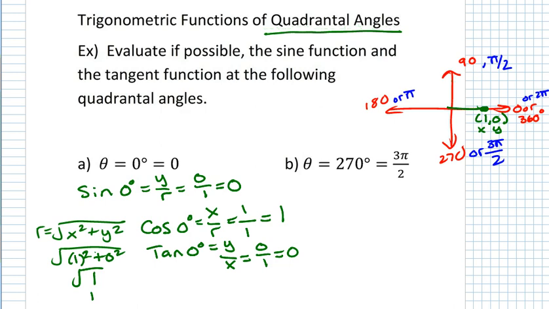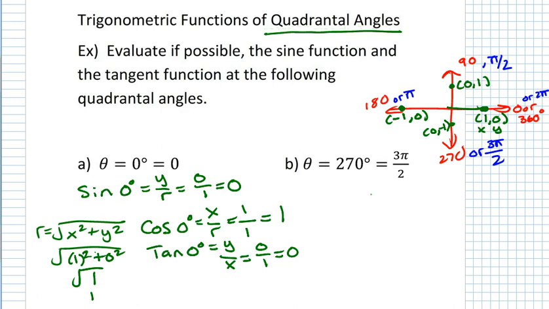And as I go along here, like here, I would use the point 0 for x, 1 for y. If I was at 180, I would use negative 1 for x, 0 for y. And if I was at 270, I'd use 0, negative 1. It's just much easier to deal with the number 1 than using 0, 5 or 0, negative 5.